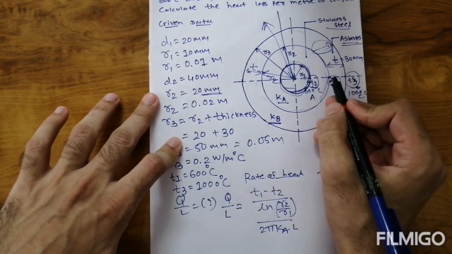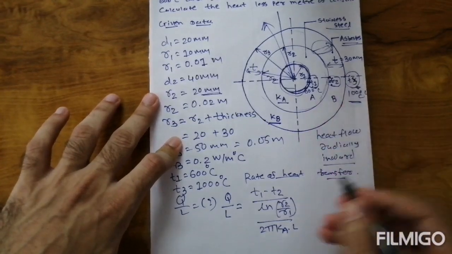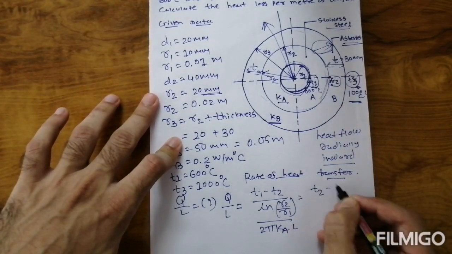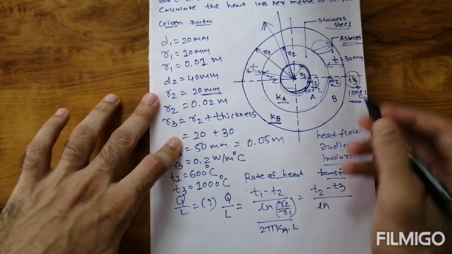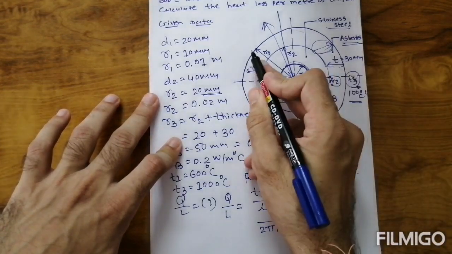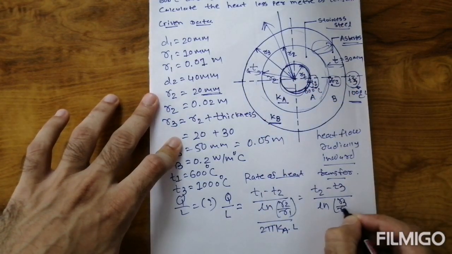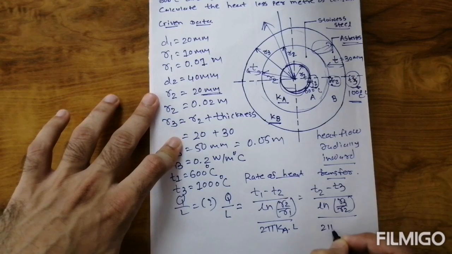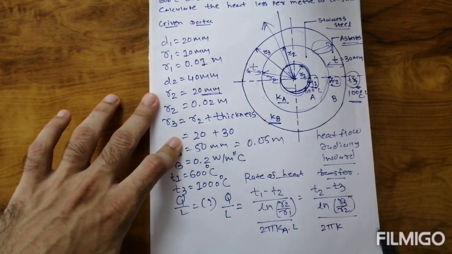Now the second individual layer, asbestos, heat transferred from T2 to T3. It will be T2 minus T3 divided by ln of the maximum radius R3 outside and minimum R2, so ln R3 by R2, divided by 2 pi Kb into L.